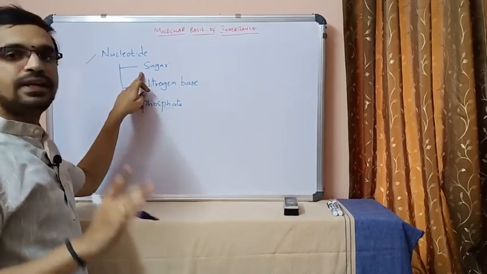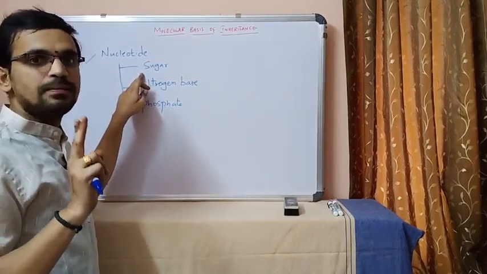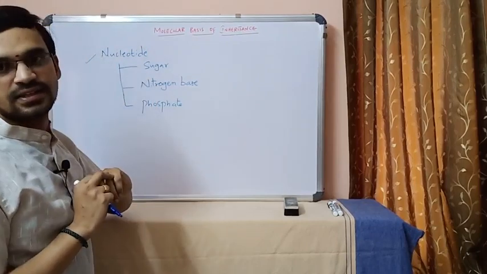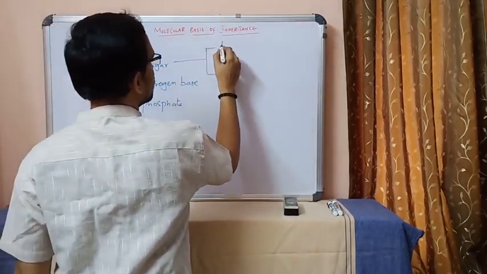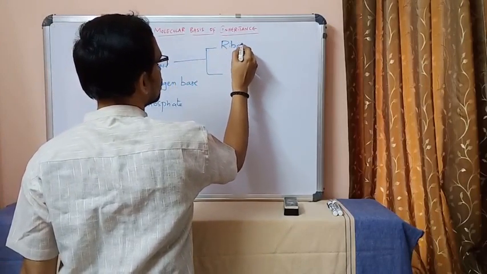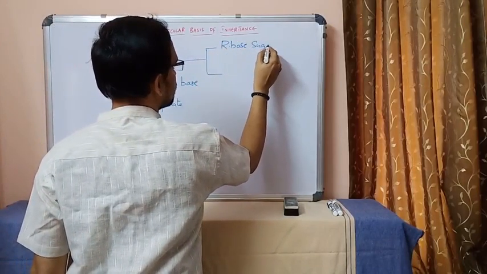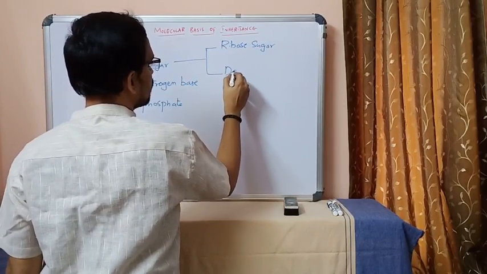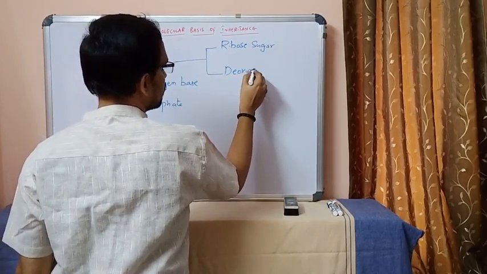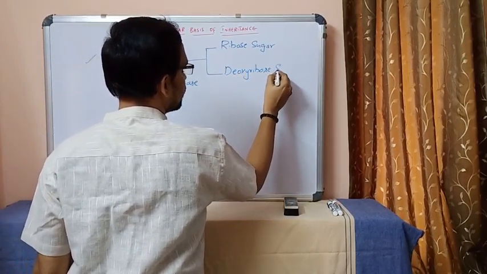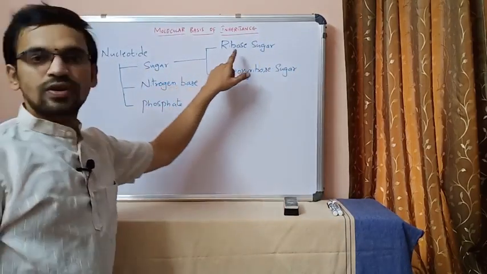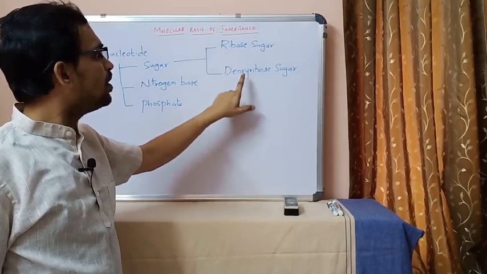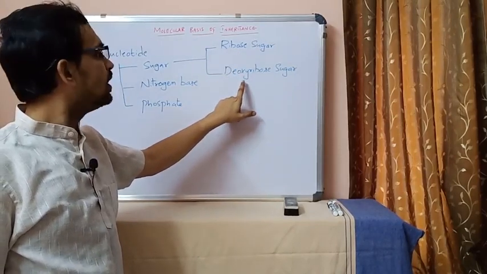Now sugars. What is the type of the sugar present in the DNA molecule or RNA molecule? There are mainly two different types of sugars present in nucleic acids. They are ribose sugar and deoxyribose sugar. Ribose sugar is present in RNA molecule, deoxyribose sugar is present in DNA molecule.